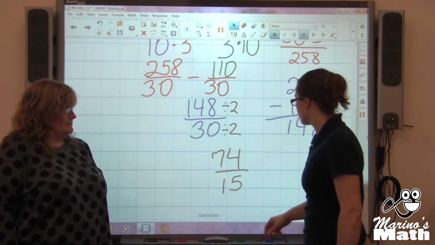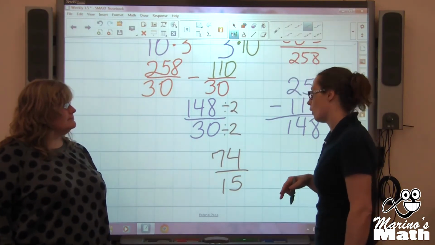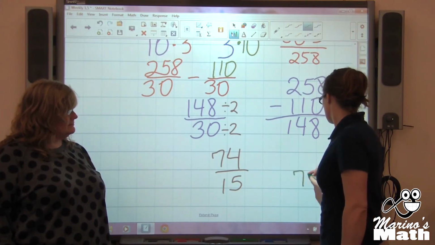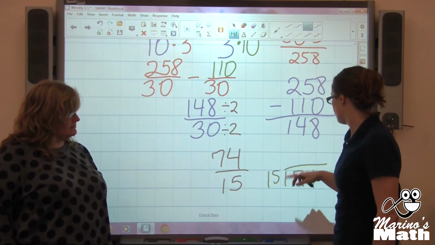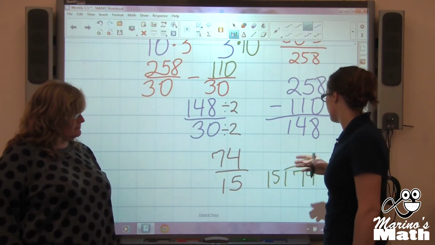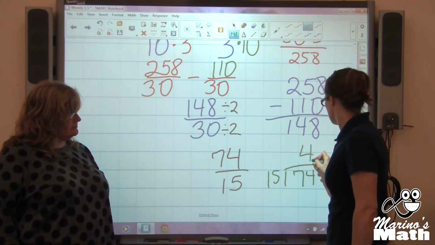It is very improper, so I remember way back when in week 1.1, we did long division like this. And if I go 15, 30, 45, 60, 70, so 4 times.